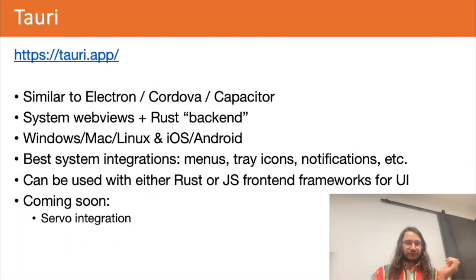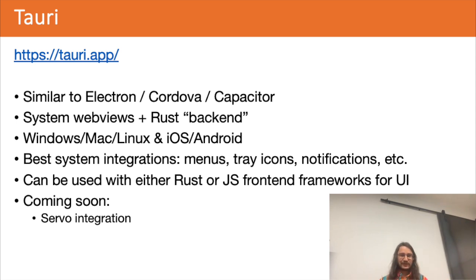And the reason that I put that slide in there is because of this one. Tauri is basically Electron in Rust. Electron uses a web view for the UI, and then has a Node.js layer as well, where you can interact with files and do back-endy system-y stuff.